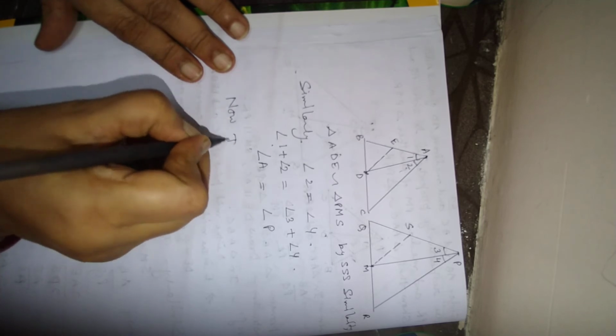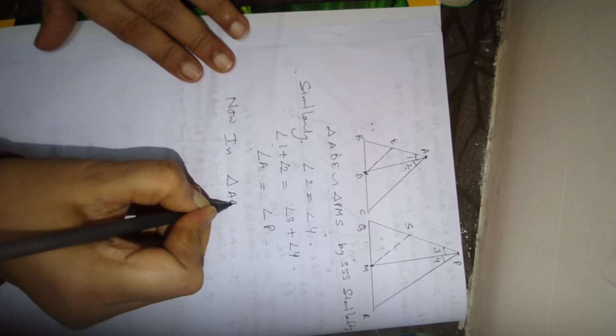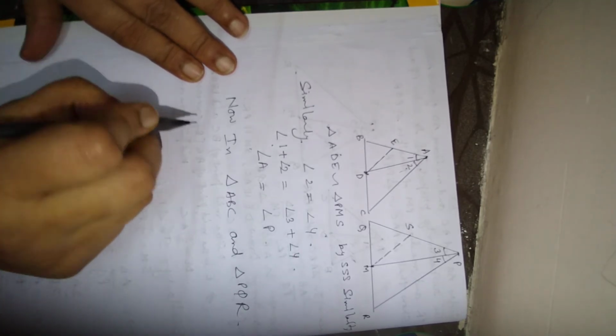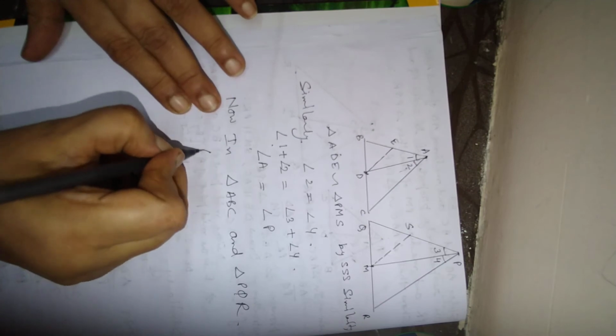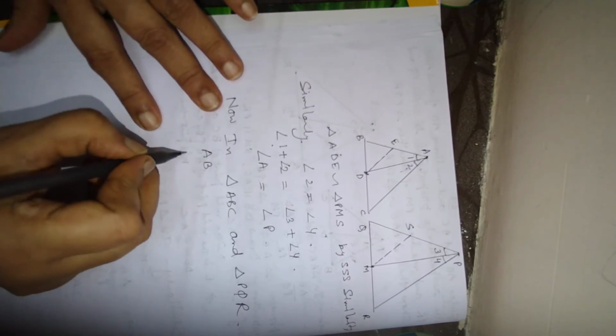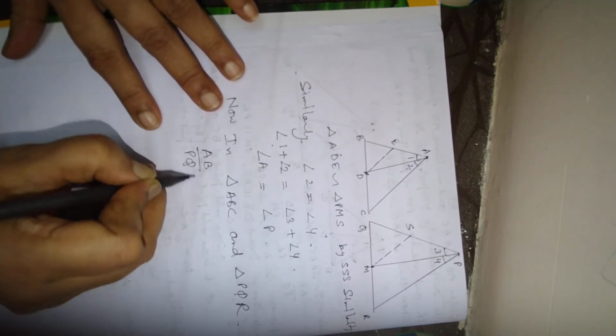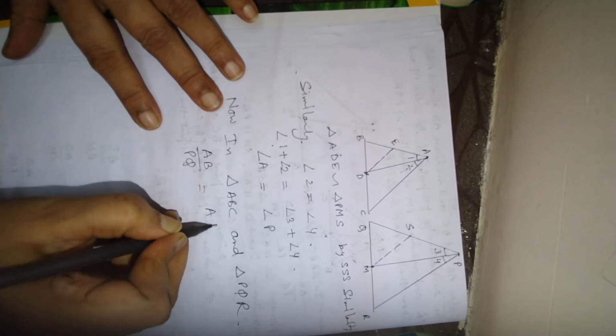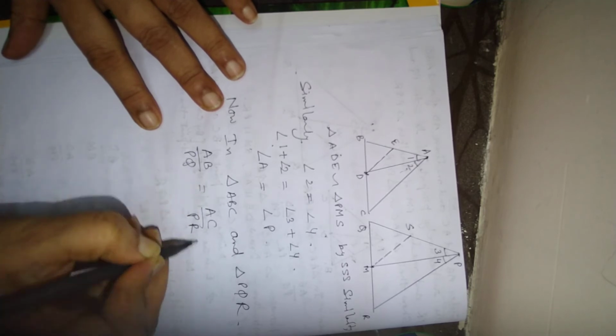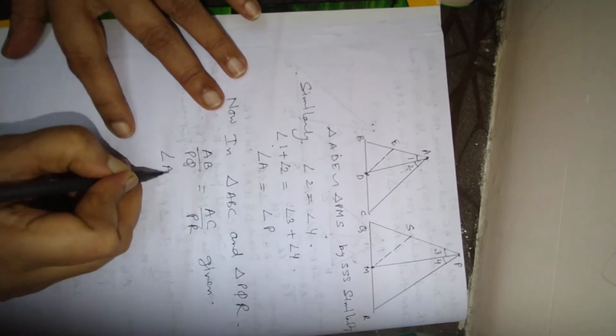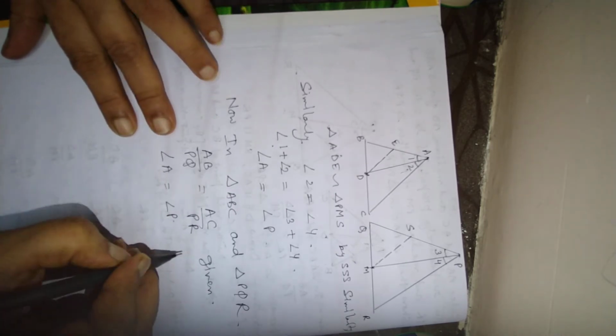Now, in triangle ABC and triangle PQR, it was given AB upon PQ equals AC upon PR. This was given. And angle A equals angle P, that is proved above.